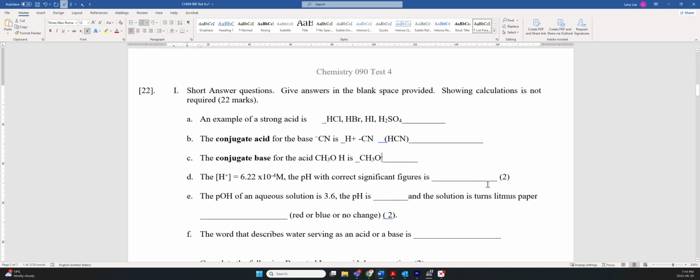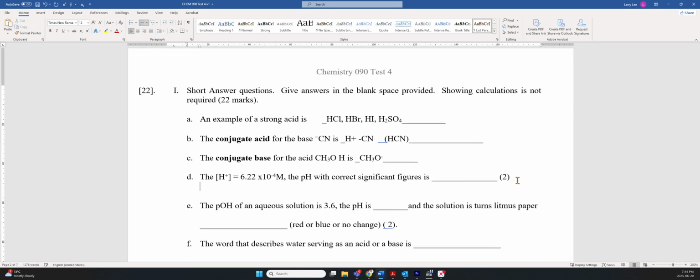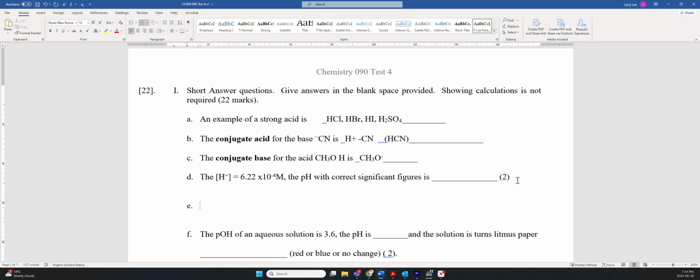Okay, now this one with the correct significant figures, pH. In order to find the pH, you need the formula pH is equal to negative log the concentration of H plus.